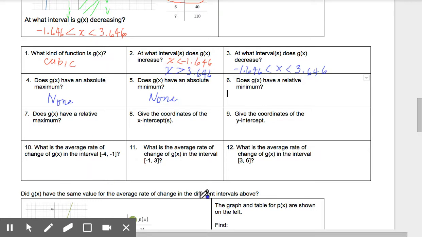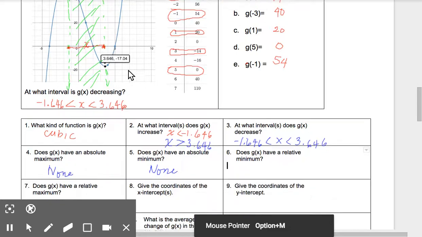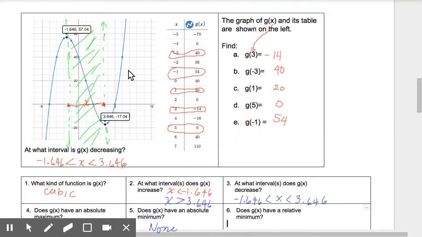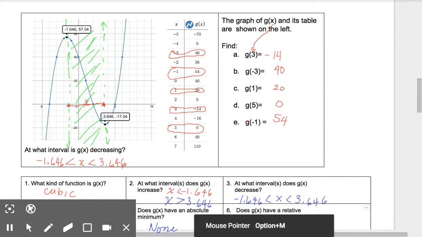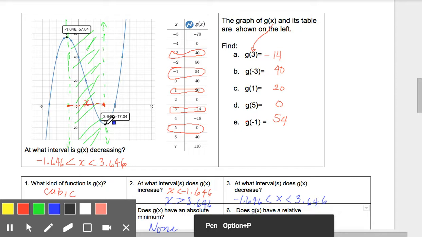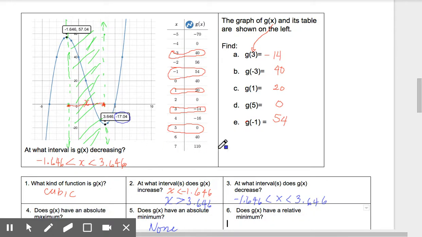So the relative minimum is, okay, we want the minimum first. So the value of the function that gives us the minimum is this value. This is the value of the function, the y value. So does g of x have a relative minimum?